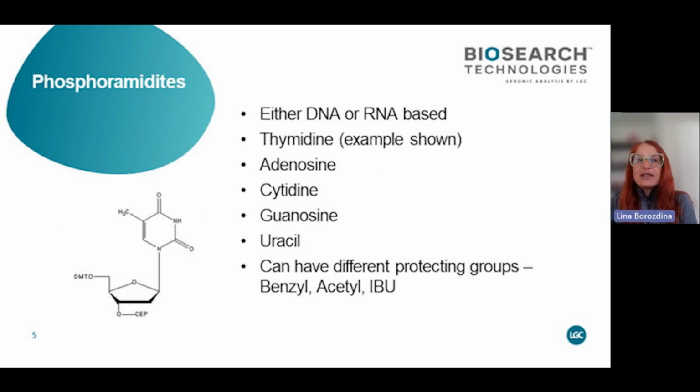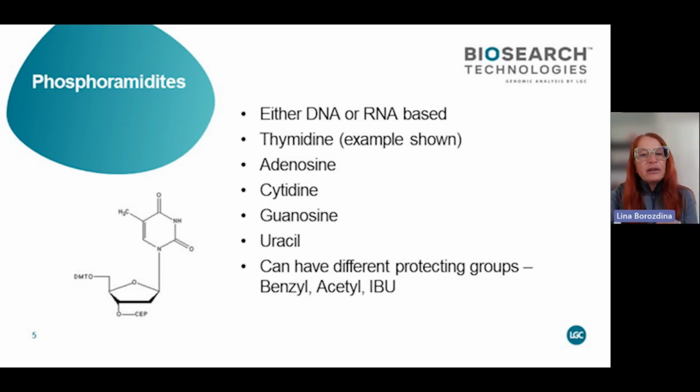So phosphoramidites, this is your bases. This is what you build your oligo out of. Imagine making a little necklace with 4 different color beads, and you put one bead on at a time. So you have either RNA or DNA-based phosphoramidites. The one here is thymidine, so this is a DNA. For the RNA-based, you will have a molecule attached to the 2' right here. So it will be either OH, which is a basic RNA, or you can do 2' methyl, fluoro.